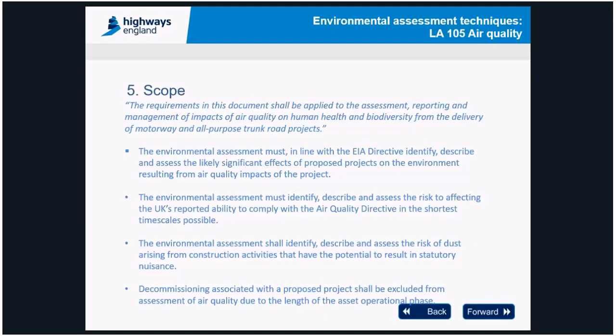The methodology sets a similar structure around how to understand the traffic volumes, the traffic flows, and the impacts on air quality.